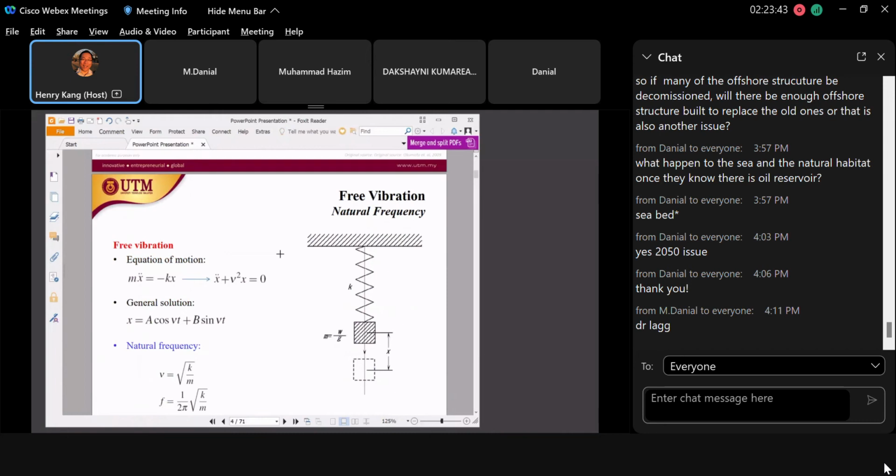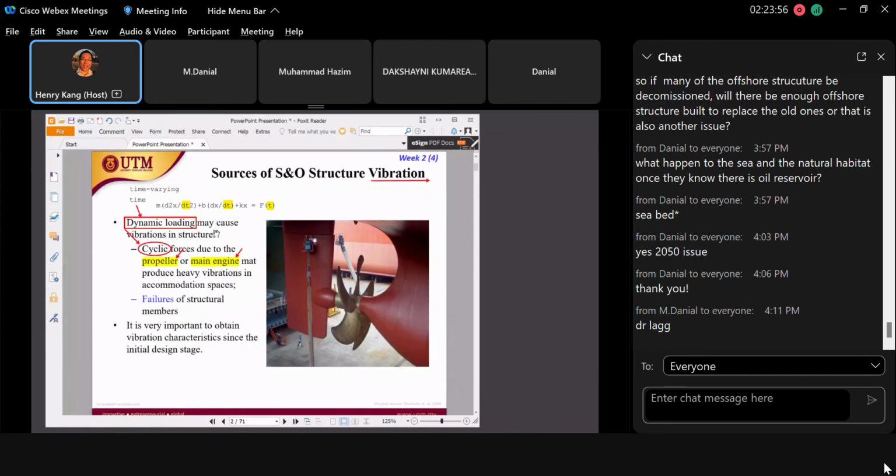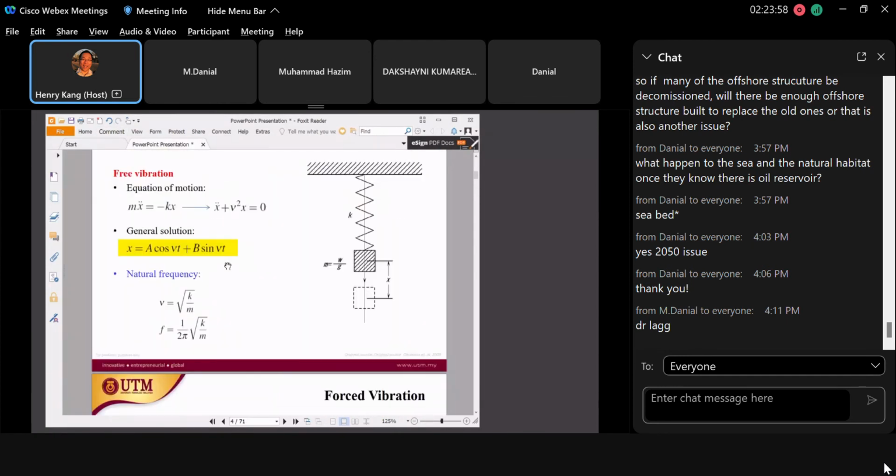In the general equation, the general solution for s in the ODE is s equals A cos omega t plus B sin omega t, where omega is the vibration frequency.